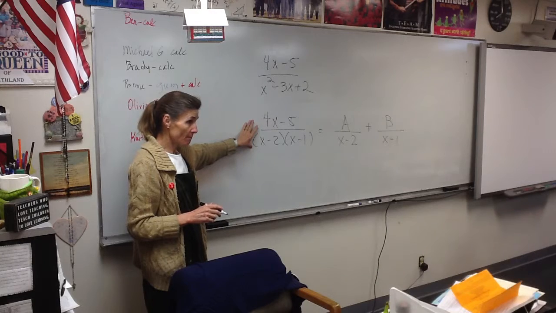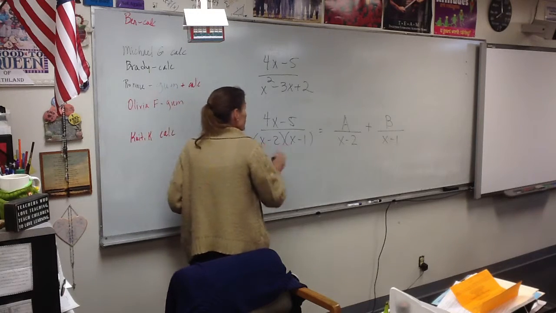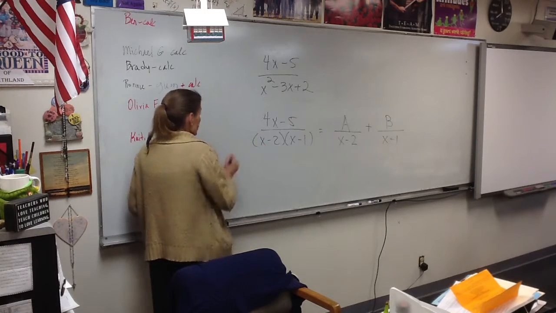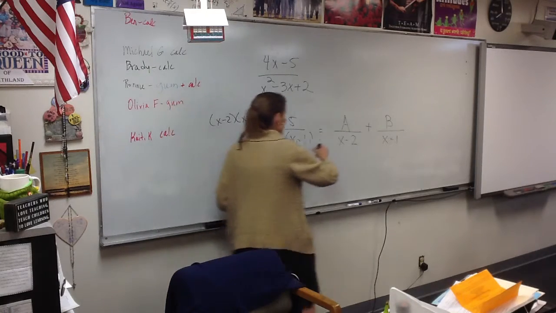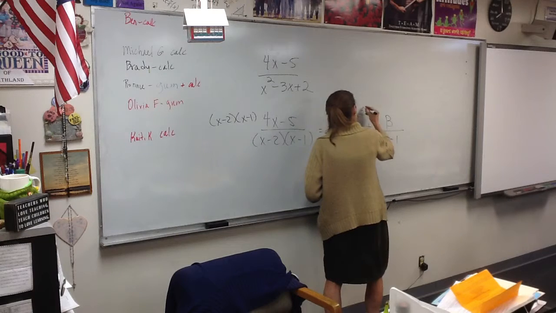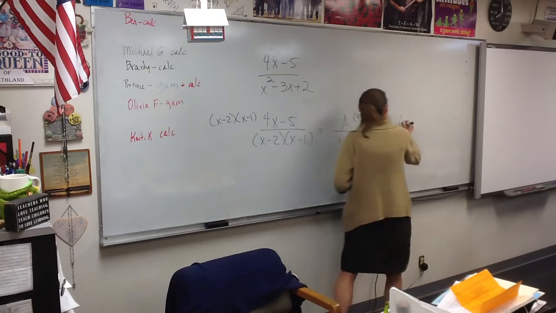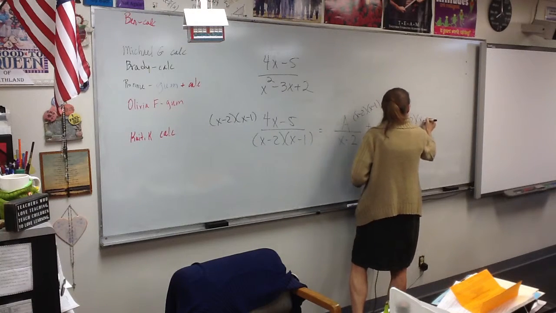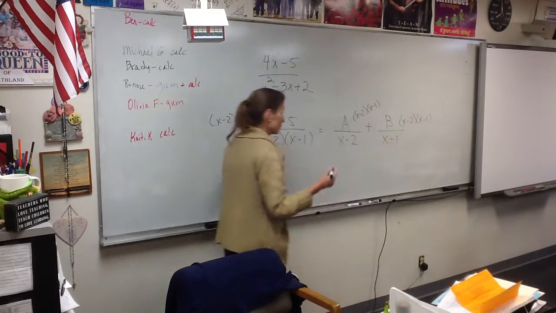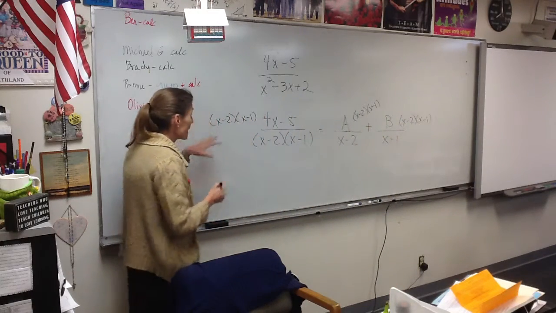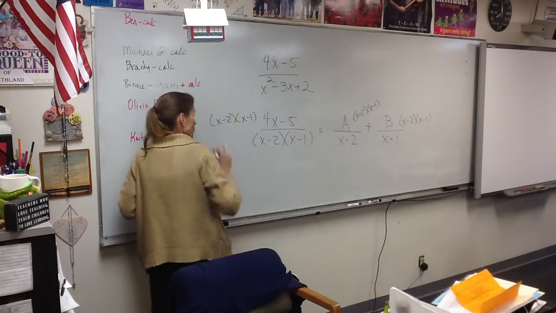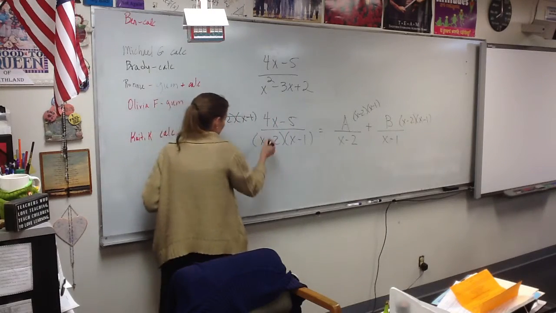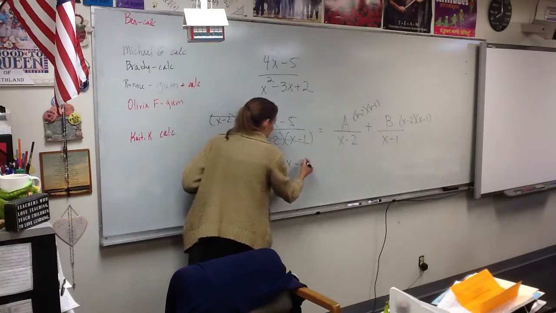Everybody okay with that? Now, I'm going to solve this little equation. So I am going to multiply everything by x minus 2, x minus 1. That's how I solve equations that have fractions in them. I clear the fractions out, because if I multiply this fraction by this, I am just left with 4x minus 5.